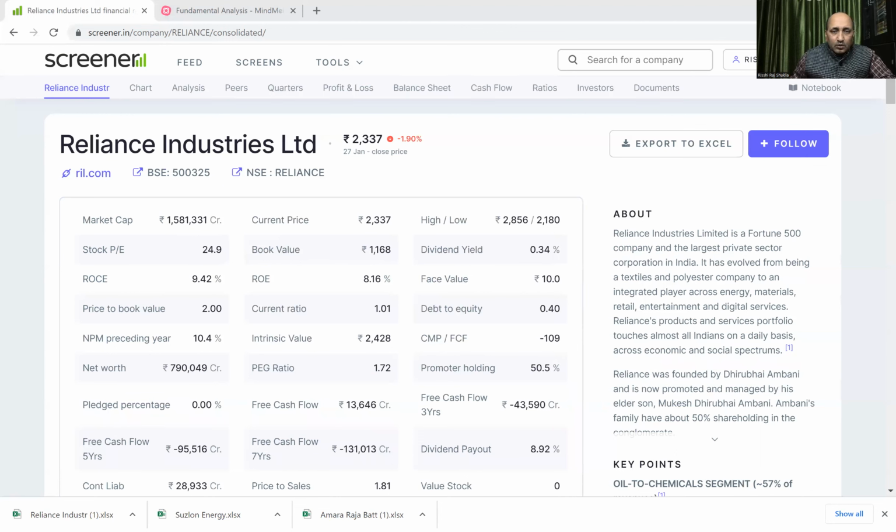Then second, debt to equity ratio. Here we can see 0.82, 0.79, 0.42, 0.41. So the company is doing better now. They are able to manage their debt better. Even though it is less than one, it is now in a declining trend. So it is a good thing for Reliance Industries.